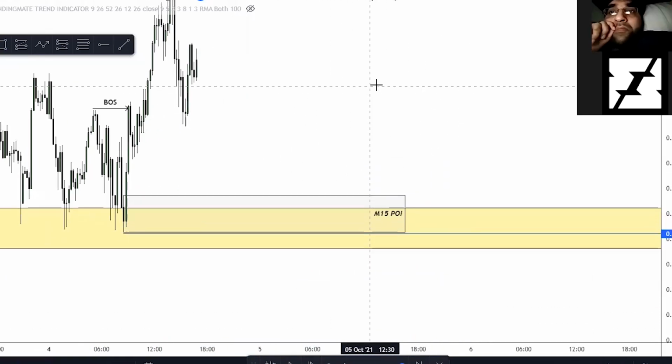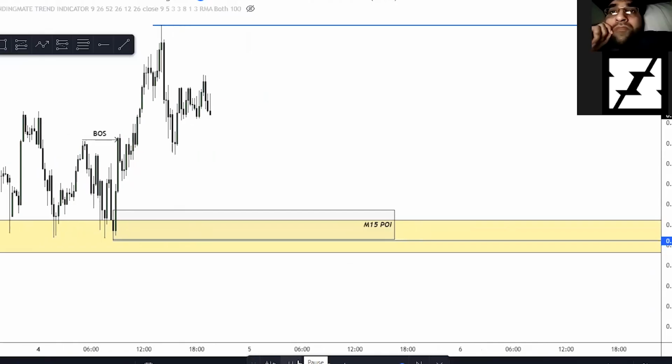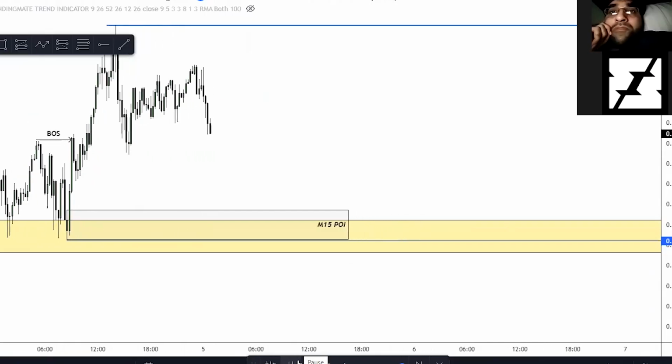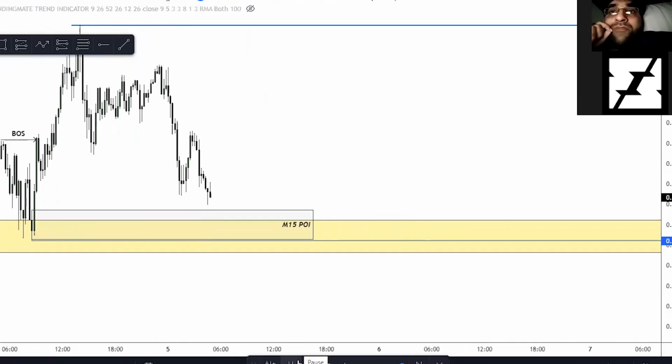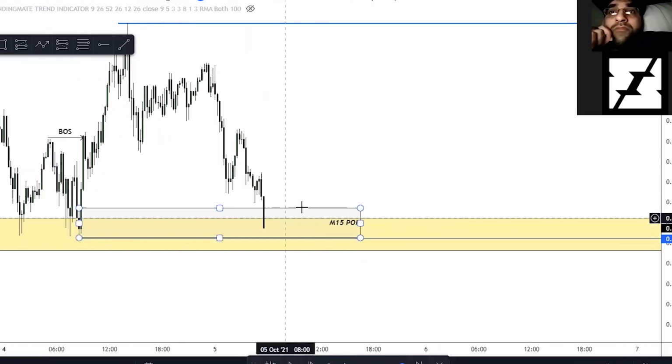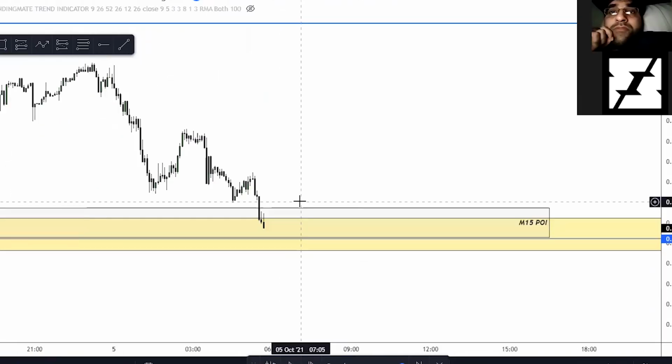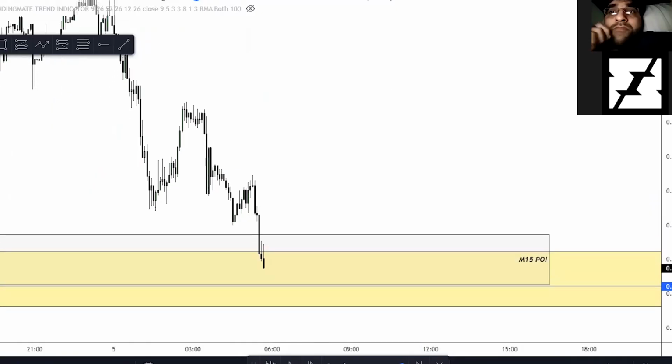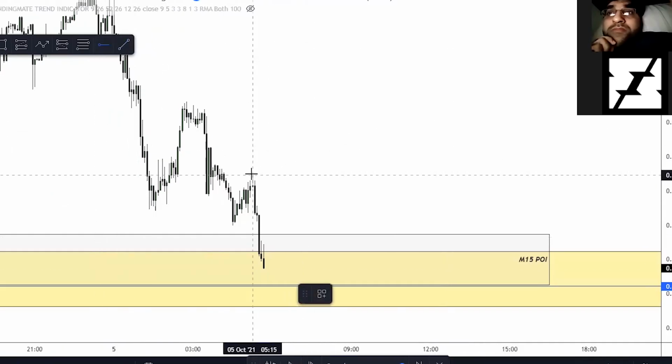For the scalping one, which most people are really interested in, you need to wait for the price to come back to the POI like this one. When the price comes back to the 15-minute POI, you move to the 5-minute time frame and look for a chalk. For me, to identify a chalk, you need to have an impulsive candle as well.